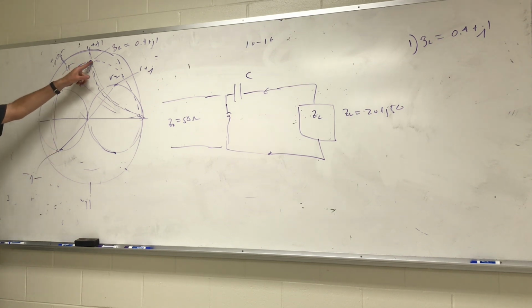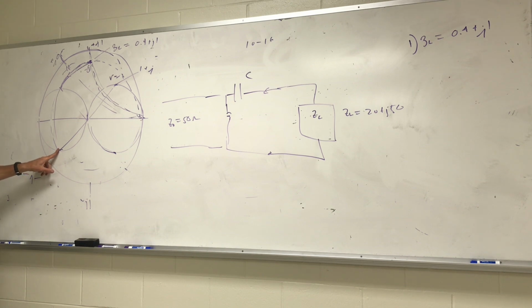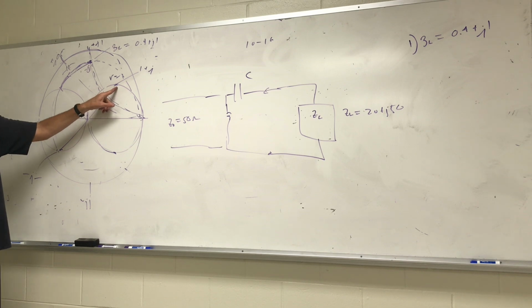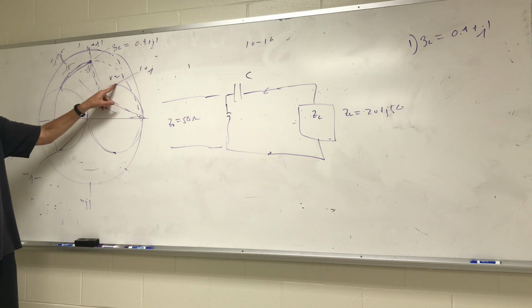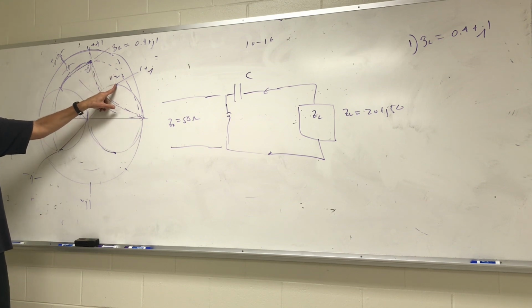Do you know how I went from here to here by adding a capacitor in series? All right, now from here to here, I have a value that's plus J, don't I? You know why? Because if you look at the arc, this is a plus J value. Do you all follow me? Now I need to add something to that in parallel that will get rid of it, right?